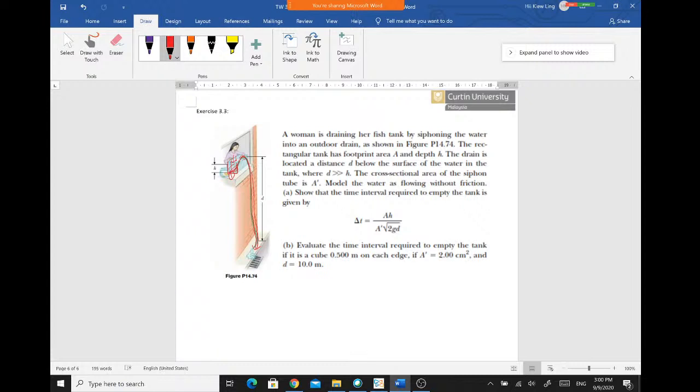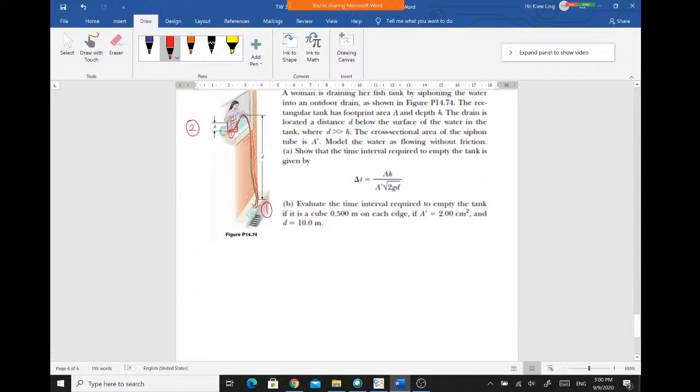In this case, usually we will choose the lower point as our point 1 and the higher point as our point 2. Okay, so point 1 is on the street, whereas point 2 is the surface of the tank.